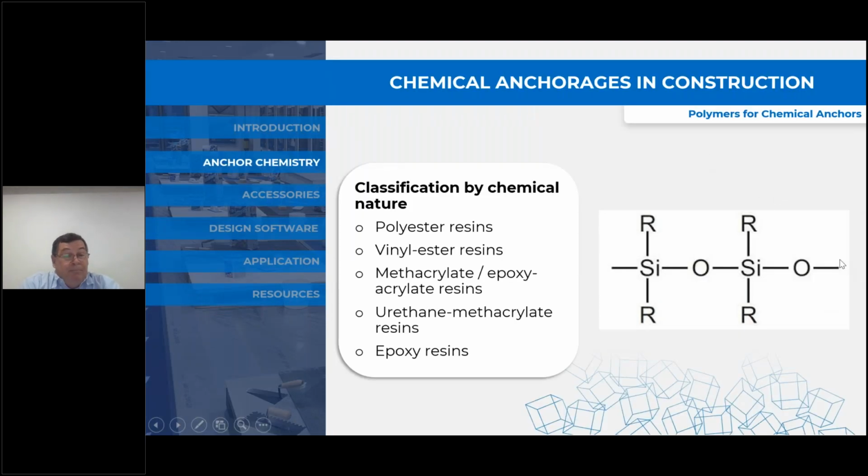Okay, there's also a lot of different chemistries that are used in anchoring. There are polyester resins, vinyl ester resins, methacrylic epoxy acrylate resins, urethane methacrylate resins, and epoxy resins, generally speaking.